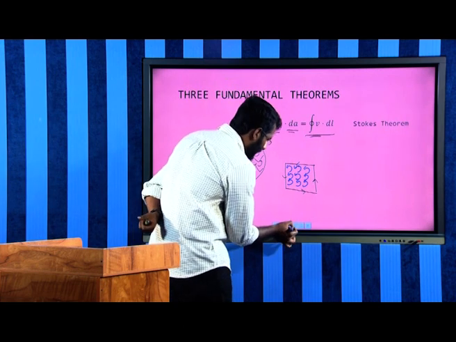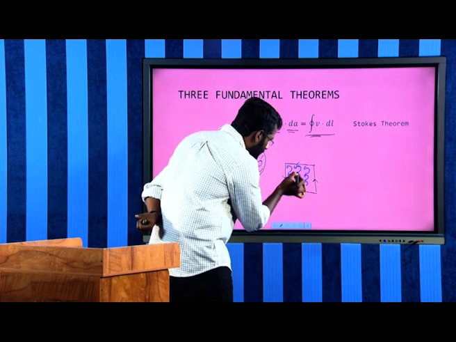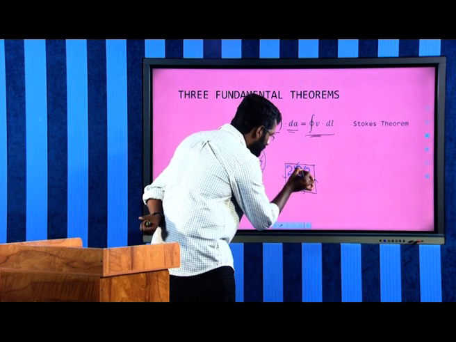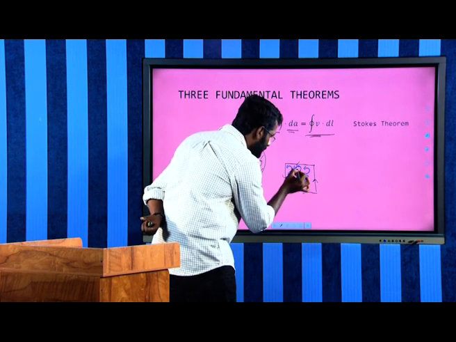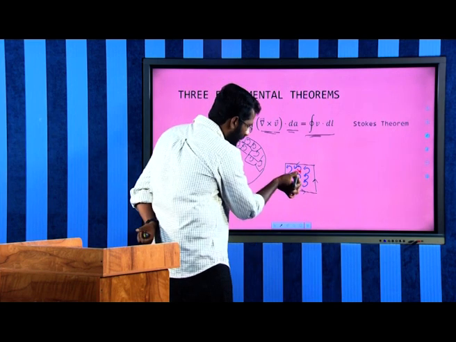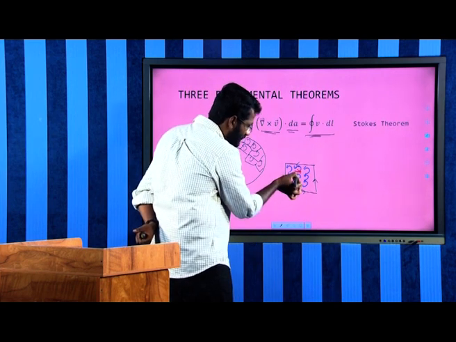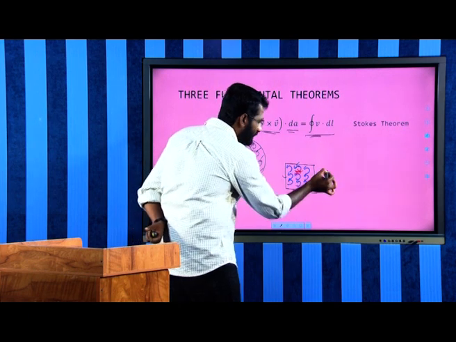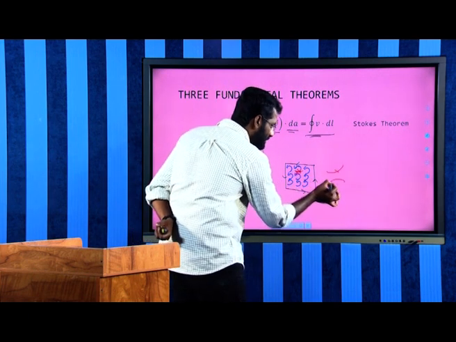So here you can see the direction of this is to here. Now here you can see the curl is to here, and just below that there is another curl, or an area, which has a direction towards here. So one is directed to here and one is directed to here.